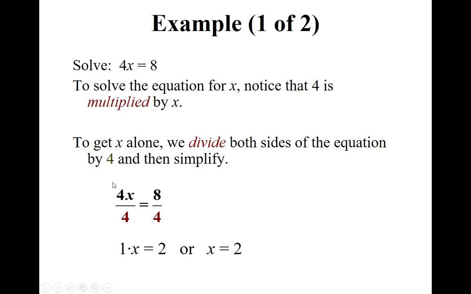That's the whole point of dividing both sides by 4. We want to undo the 4 that was in front of the x. We want to just have one x, a single x. And one x is always written as just an x. Likewise, if we have just an x, we can always assume that there's an invisible 1 right in front of it.